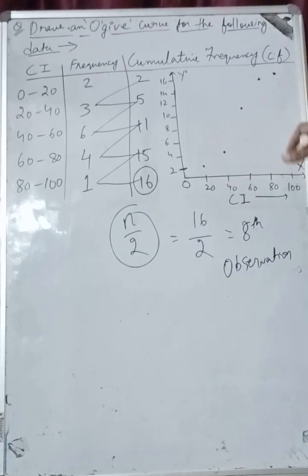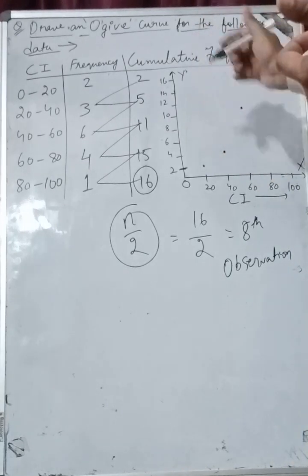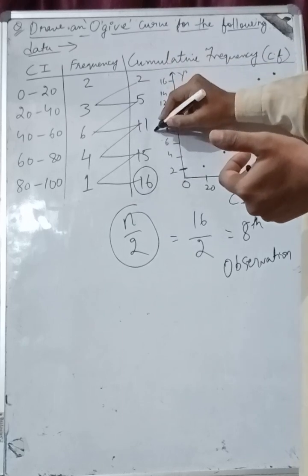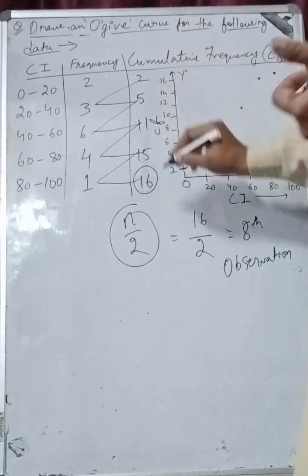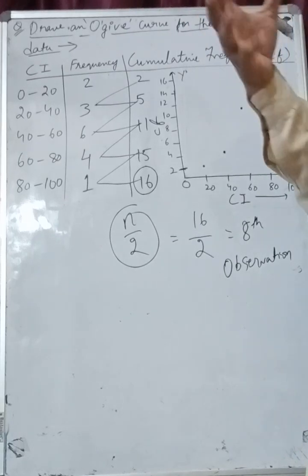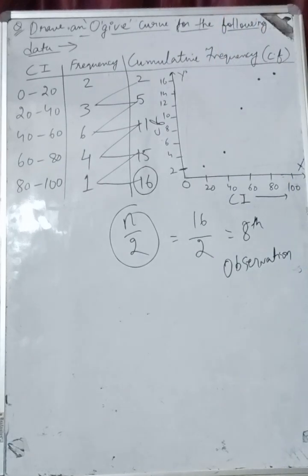On the y-axis, you have to take the CF, that is cumulative frequency. I have plotted here only to let you understand, but you have to make it in a graph copy for proper observation. I'm just telling you how to plot it.